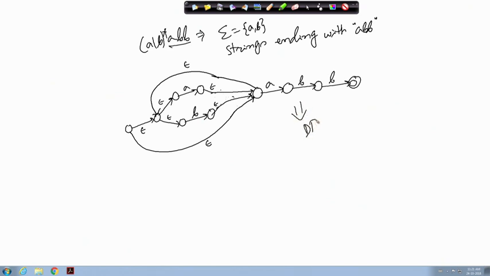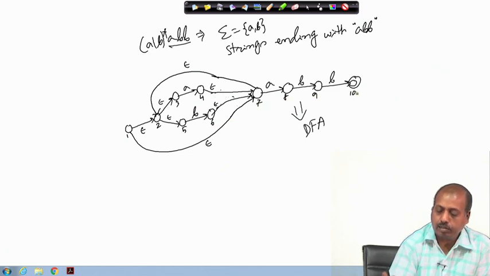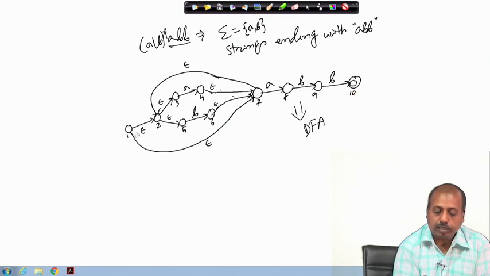You can convert it into a DFA by following the technique that you start by numbering the states 1, 2, 3, 4, 5, 6, 7, 8, 9, 10. Then from state number 1 on epsilon transition it can go to state 2 and state 7.